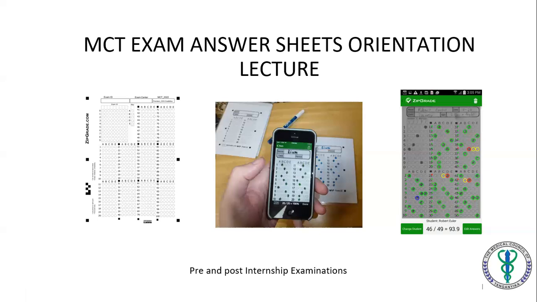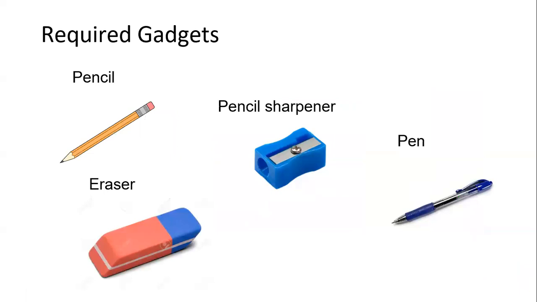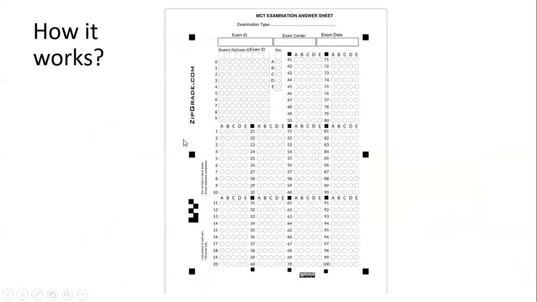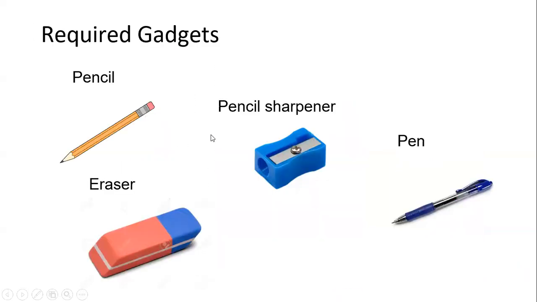So I think just very quickly, I will show you how these answer sheets look, but first, what gadgets you will need to come with in the examination room. It is important to come with a very nice and sharpened pencil, and an eraser, so that you can clear in case you make any mistakes.